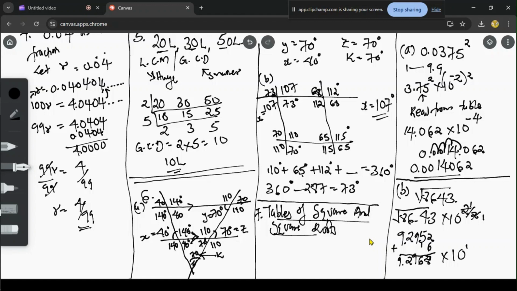This is 9. I'll move one step. Here it was a negative, I was moving towards my left, so it's a positive. I'll move one step towards my right. So if I move one step here, the answer will be 92.968.